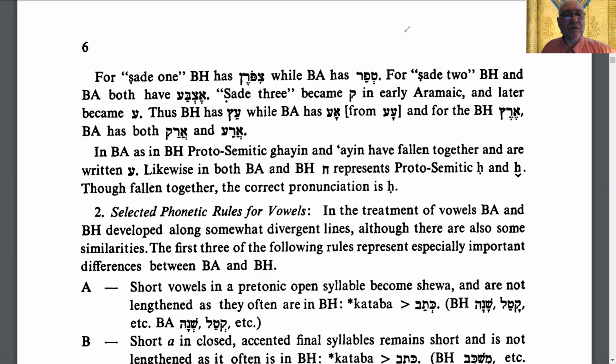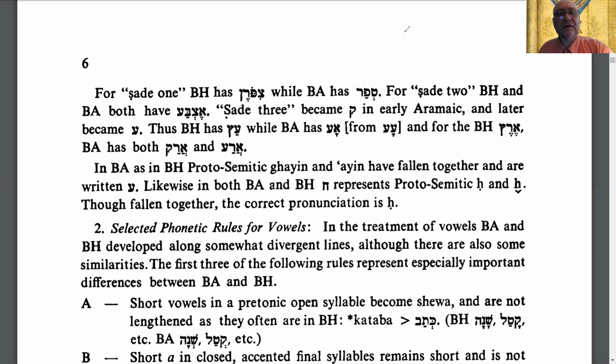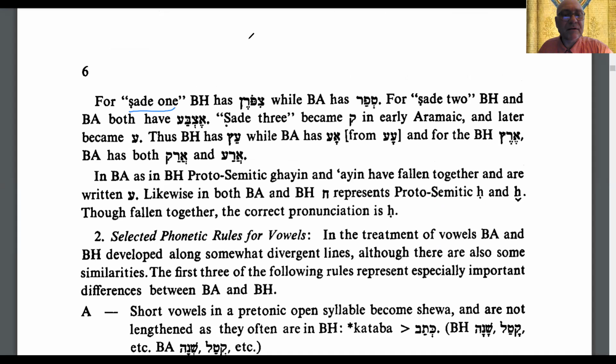All right, so for Tsadi 1, Biblical Hebrew has, it looks like, Tziporin, while Biblical Aramaic has Sephar or Tefar. That's a tet, looks like. Some of the printing is blurry a little bit, so it's kind of difficult to tell the letter.